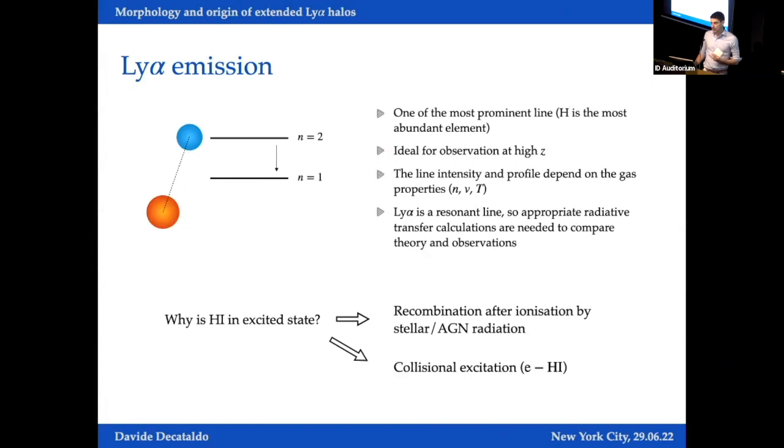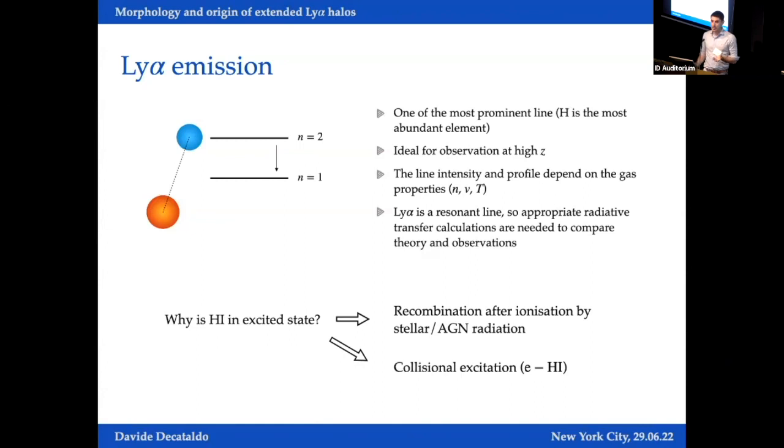The two main mechanisms are, first, recombination following the ionization of hydrogen. In an ionized region, we have recombination into an excited state that can be followed by Lyman alpha emission.